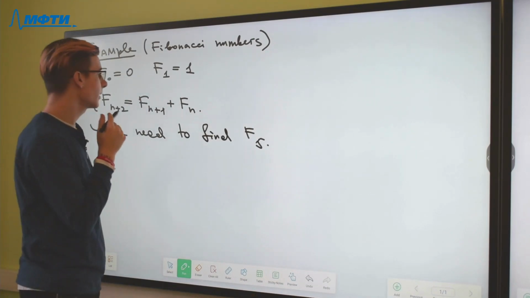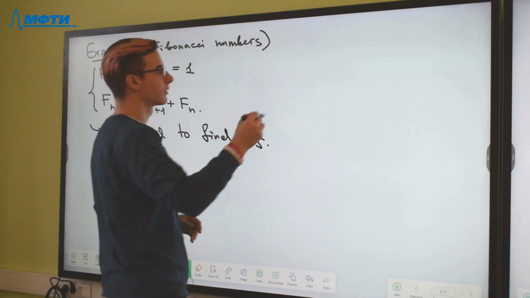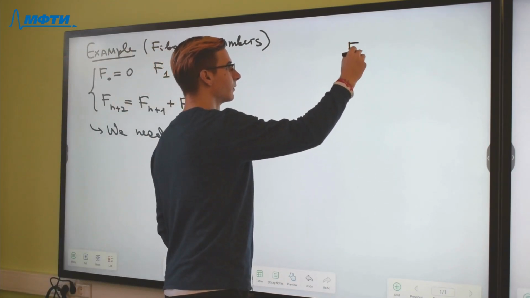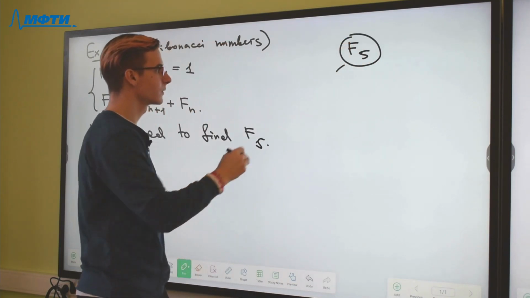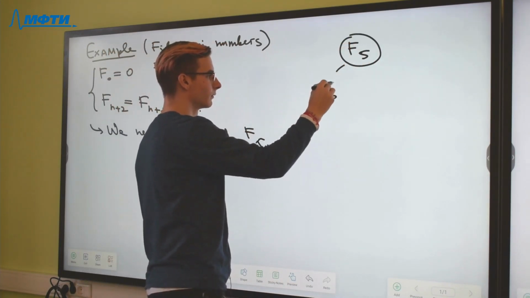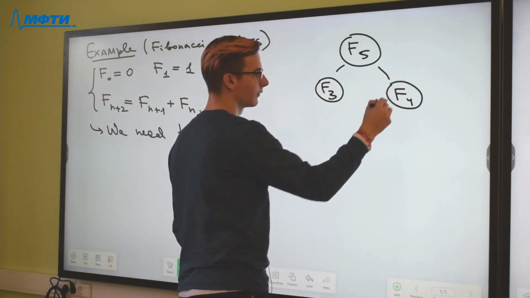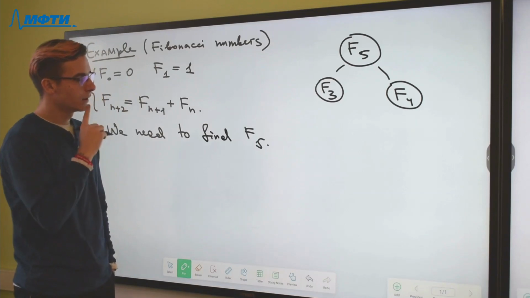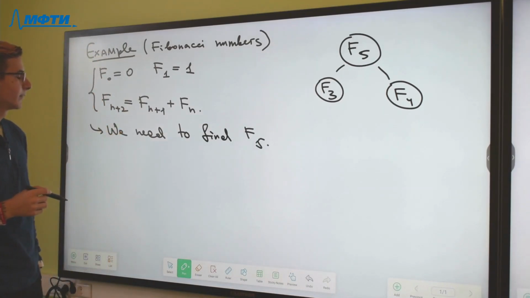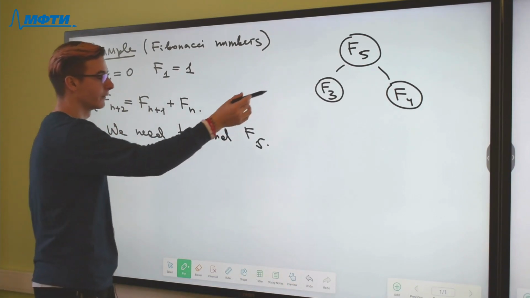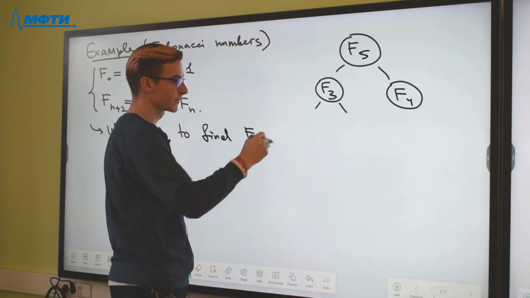Recursively, for example. We can use this formula and say that to find f5, we need to find f3 and f4. Then we don't know f with index 3, and we repeat this recursive algorithm.